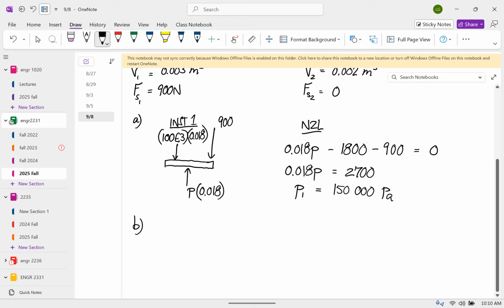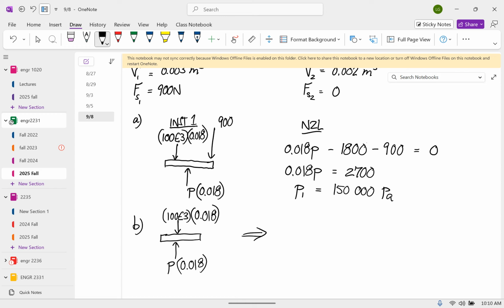And then at instant 2, we have no force from the spring, so it's just a downward force of 100 times 10 to the third times 0.018, and then pushing up, we just have P times 0.018.